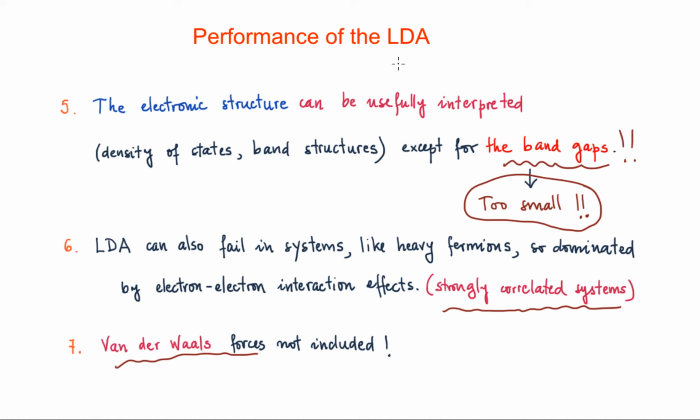As you can see, the LDA is doing quite well in analyzing physical properties in quite many different systems. However, it also fails in analyzing other properties. And it's also interesting to characterize the magnitude of the errors that you can obtain within the LDA.